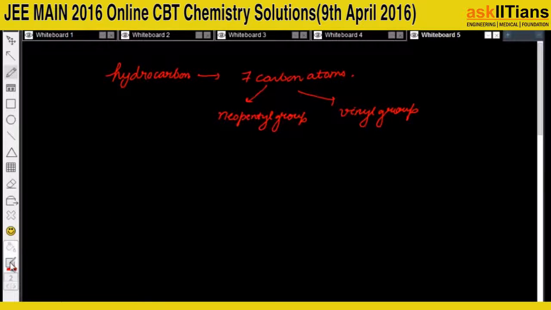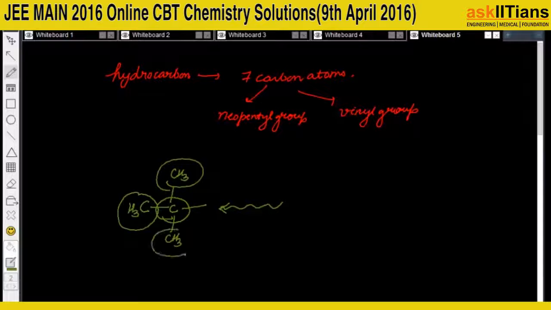Now see, if I go through the options, as you know, a neopentyl group is when we start from the end of the chain, and the second last carbon has 2 methyl groups, it is nothing but a neo group.